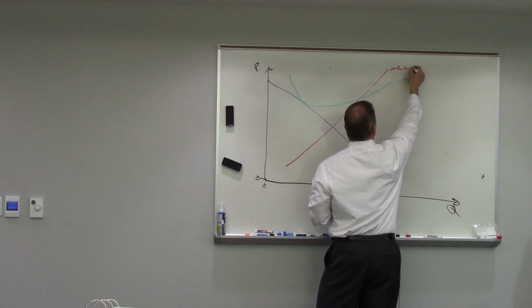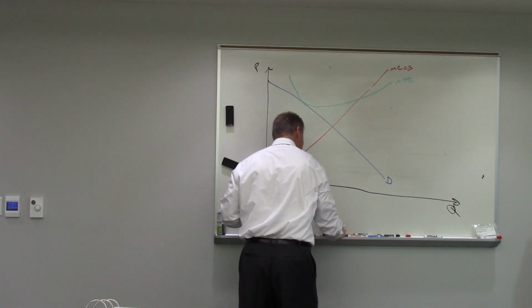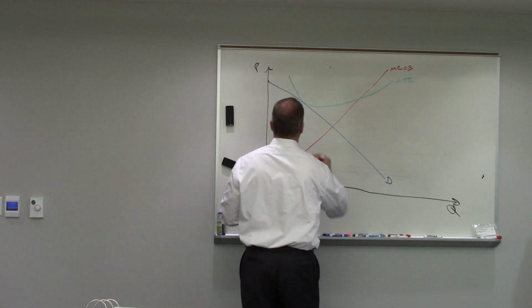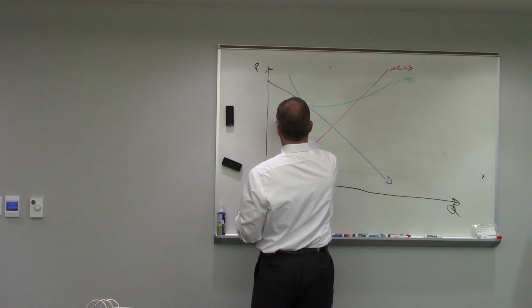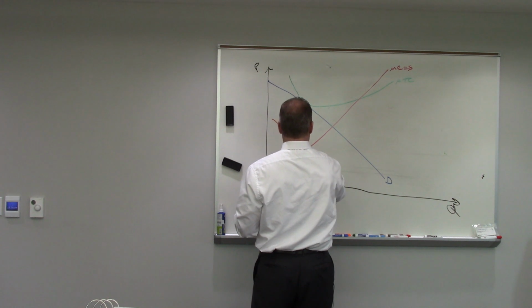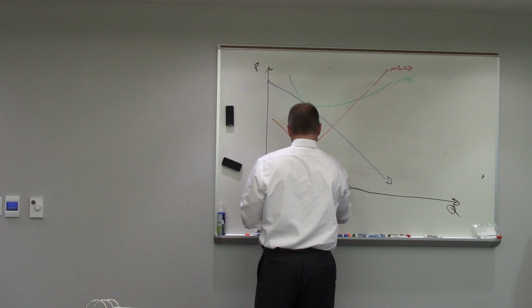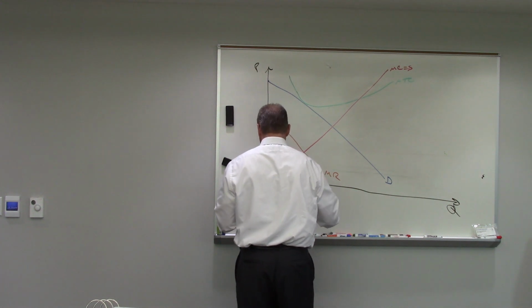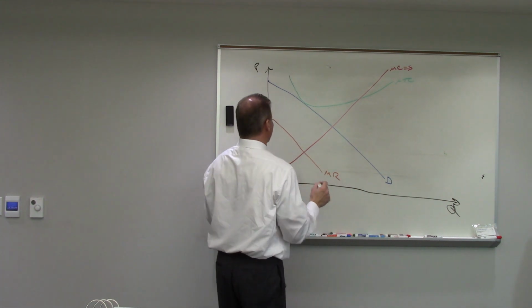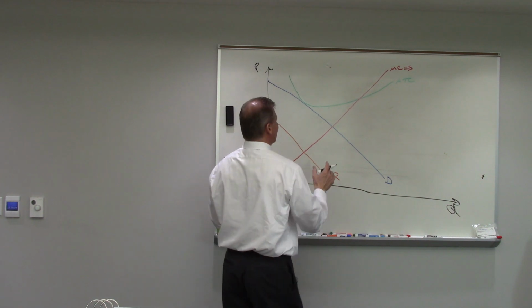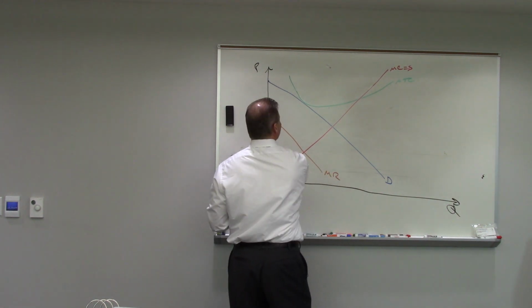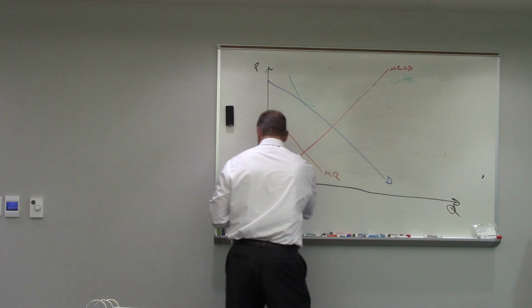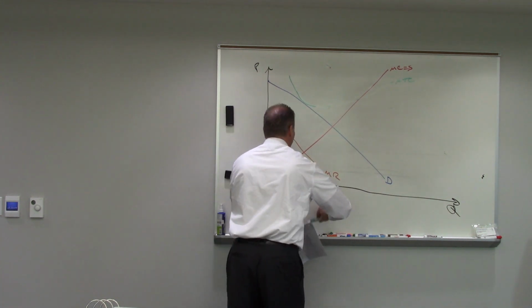Marginal cost, also our supply curve, and the marginal revenue curve. I probably should have bent that down a little bit more, so let me bring that average total cost curve down just a little to make that work.